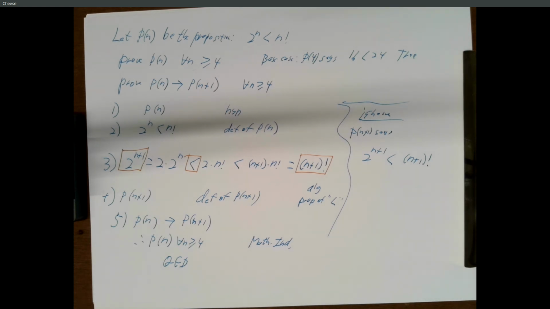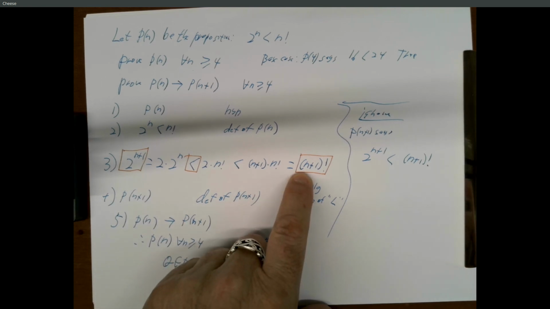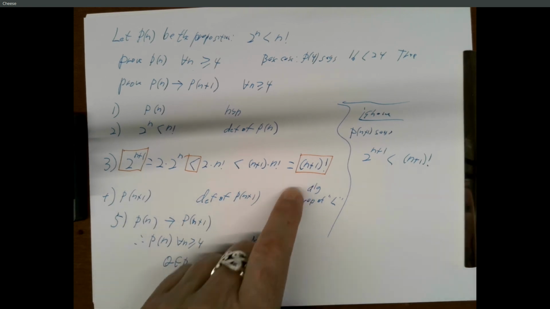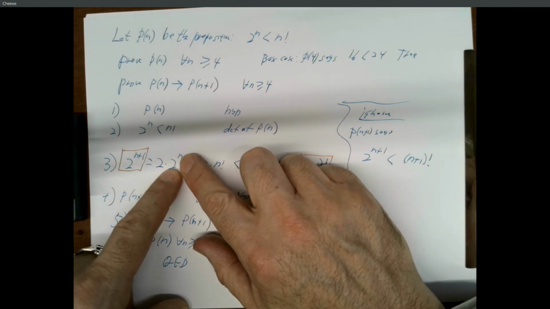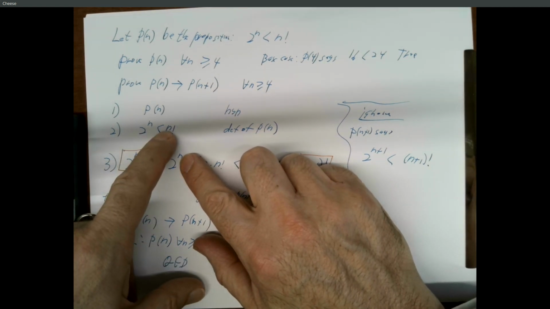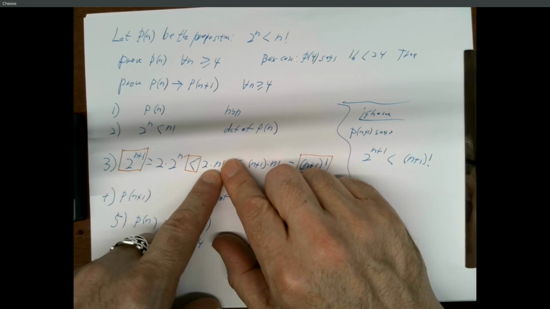Yeah. Where did the n go on the left side of the equal sign? Over here? No, other over here? Yeah, I'm a little confused on that stuff. Okay, so 2 to the n plus 1 is 2 times 2 to the n. Okay, and since 2 to the n is less than n factorial, 2 times 2 to the n is less than 2 times n factorial. Right?